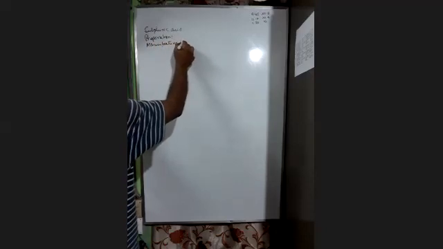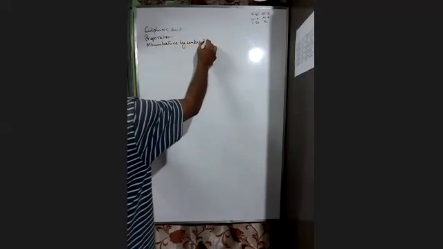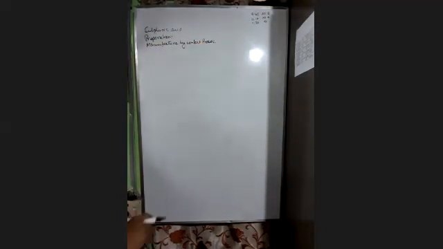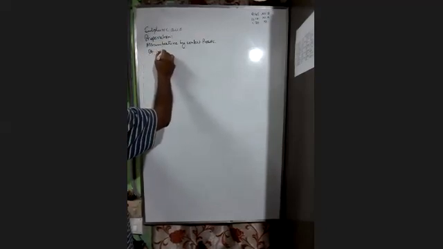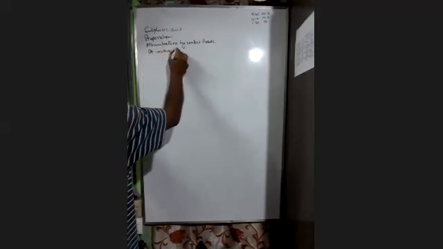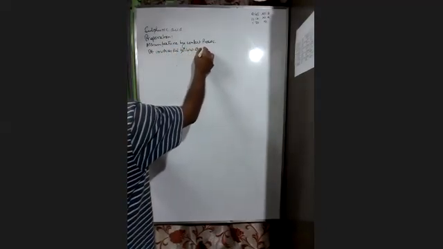Manufacture by contact process. Okay. We manufacture sulfuric acid from sulfur dioxide. I'll write only the equations. It involves the following steps.